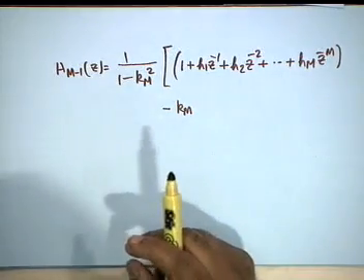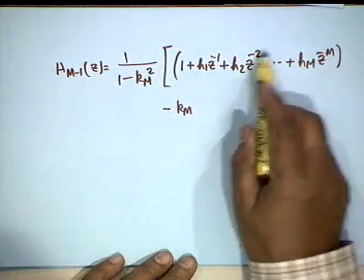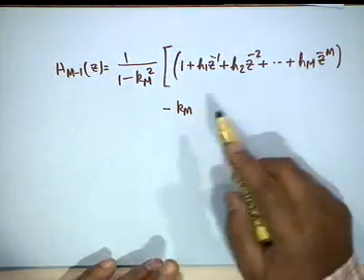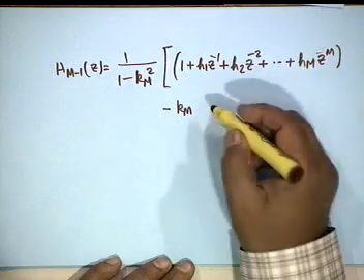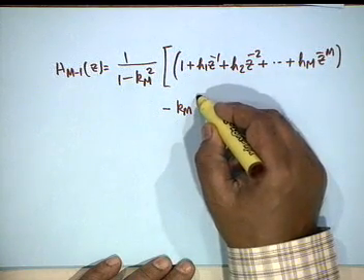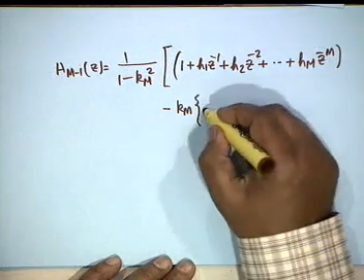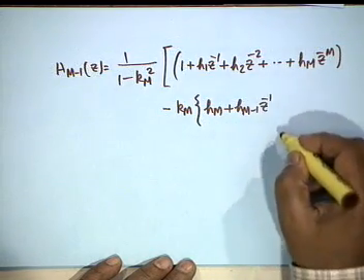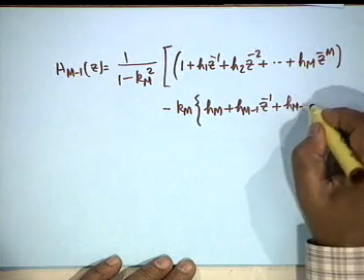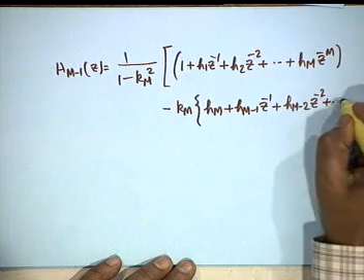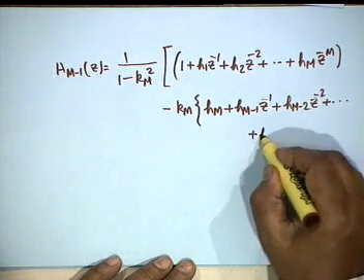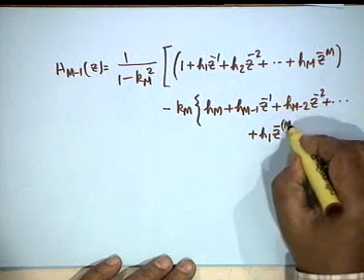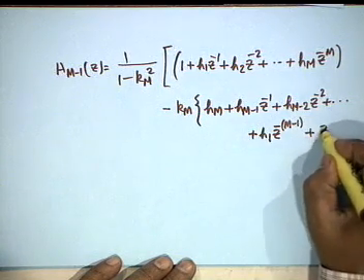If I multiply H_m(z^{-1}) by z^{-m}, what do I get? I get a reversal of the coefficients. So, what I get is k_m multiplied by h_m plus h_{m-1} z^{-1} plus h_{m-2} z^{-2} and so on, plus h_1 z^{-(m-1)} plus z^{-m}.